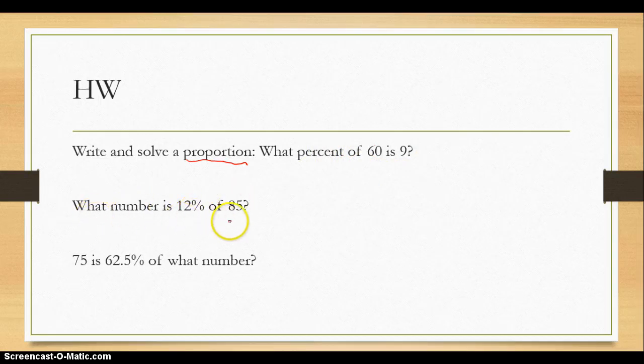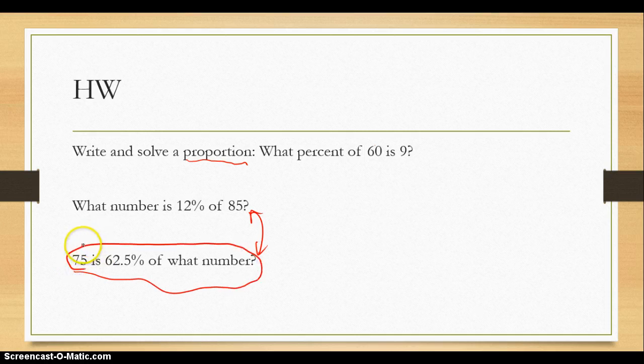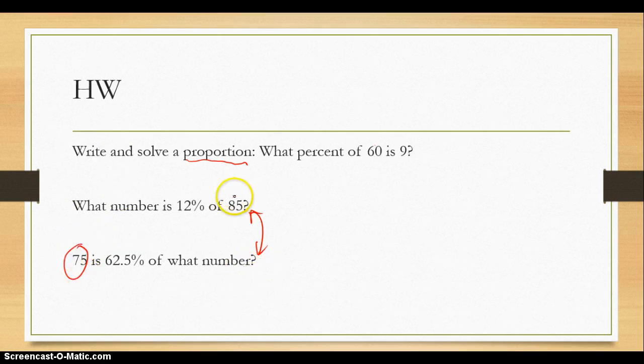What number is 12% of 85? I want an equation for both of these, and just think about what your solution could be. This one is written a little bit differently. Think about what 75 is in this problem. 75 is no longer the base number like 85 is here. 75 is the whole number.